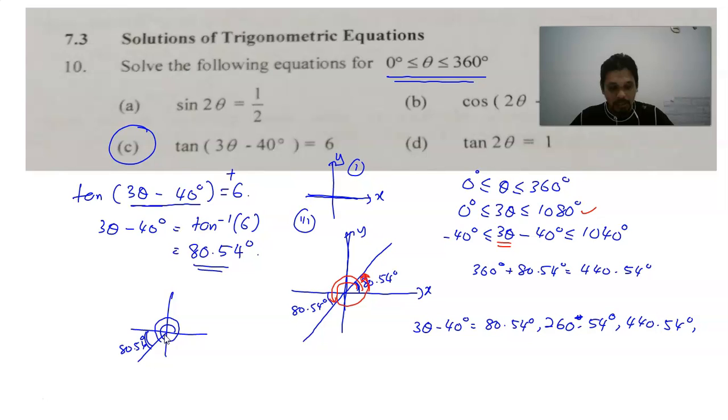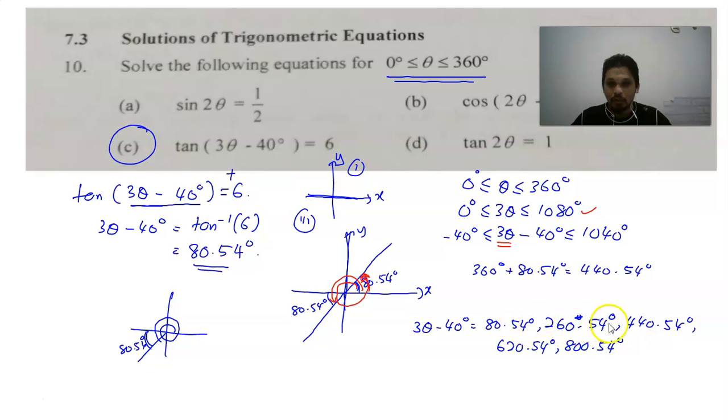540 plus 80.54 equal to 620.54 degree. Okay, 360, 720 plus 80.54. 720 plus 80.54 equal to 800.54.